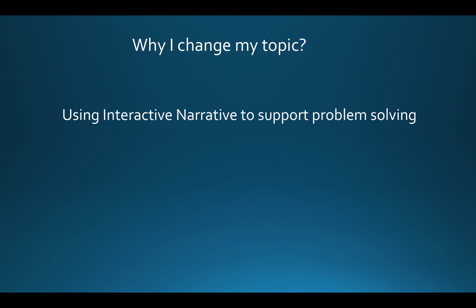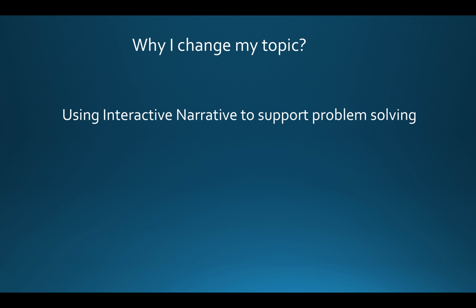All these games are using the same way, using interactive narrative to support problem-solving process or inquiry learning process. And compared with them, I think my idea is not good enough. So it ruined my confidence a little bit.